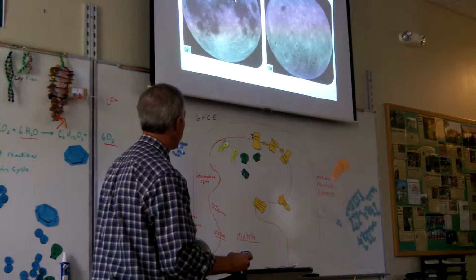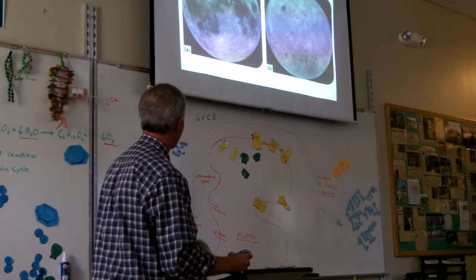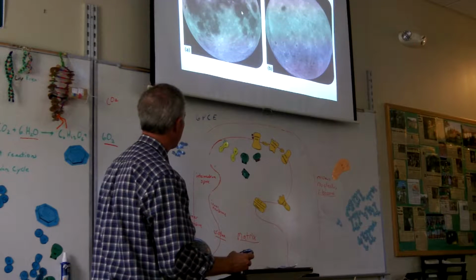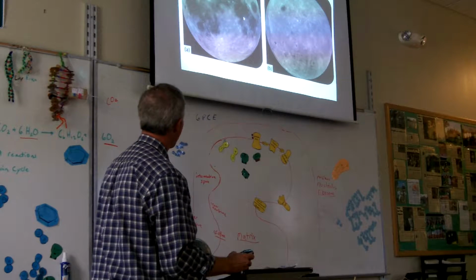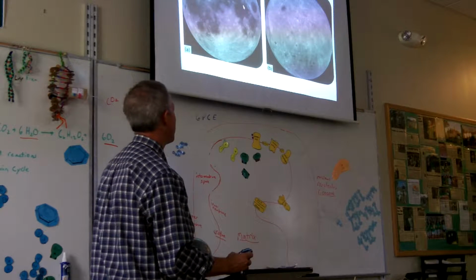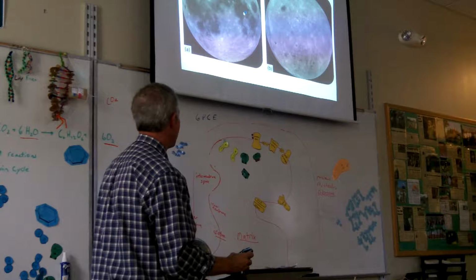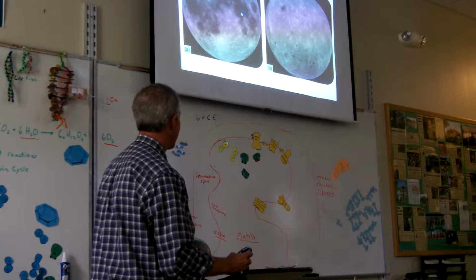And so they called it a mare or Maria, meaning an ocean. Because it was dark, kind of like the water is darker than the land on Earth. And so they thought it might be water. As it turns out, there's no water there. But they were right in that it is a different material there.